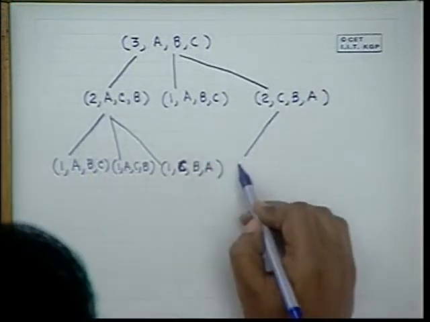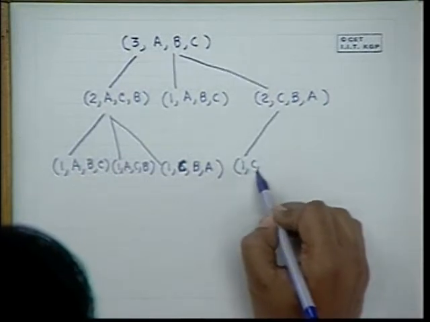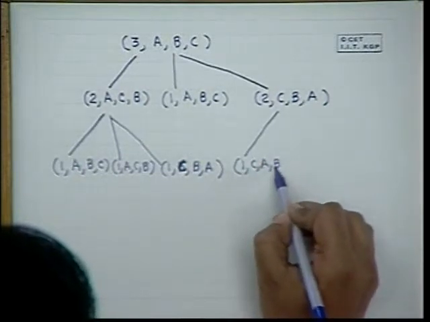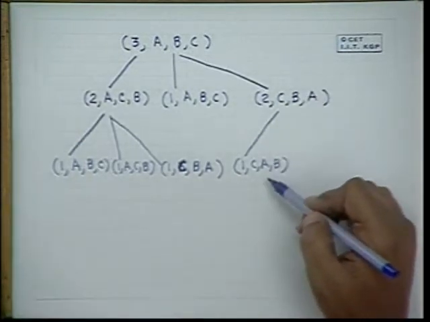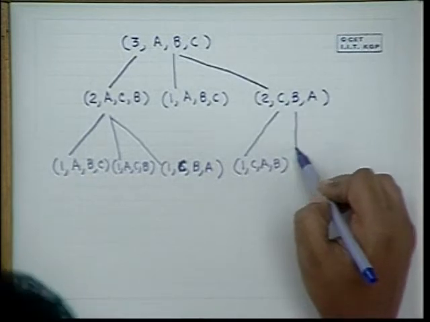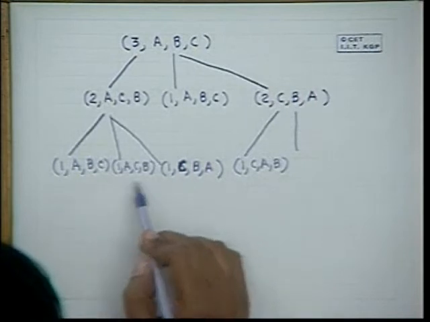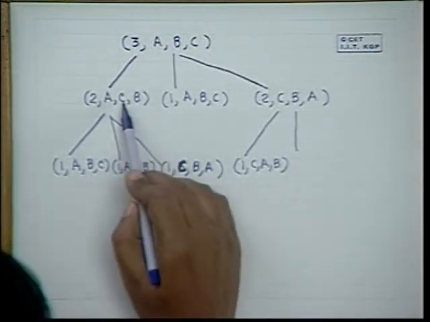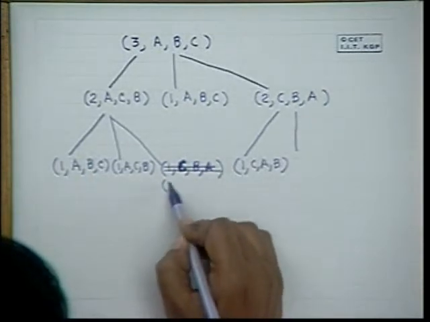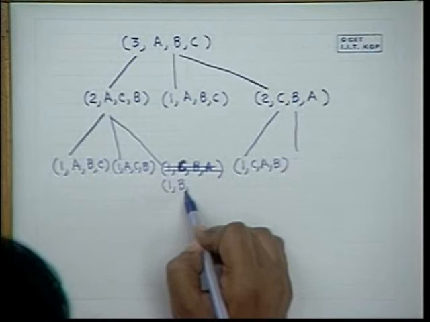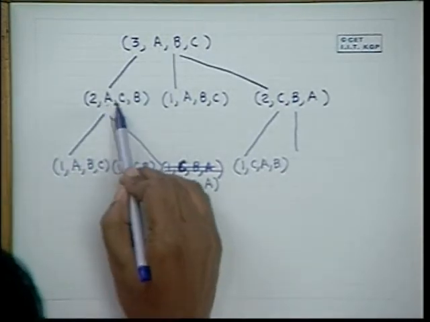This one is done. To solve this one, I will have to solve 1 C A B. This is fine. This is okay. Yeah, this will be B C A, 1 B C A, right? Because this is from to via.